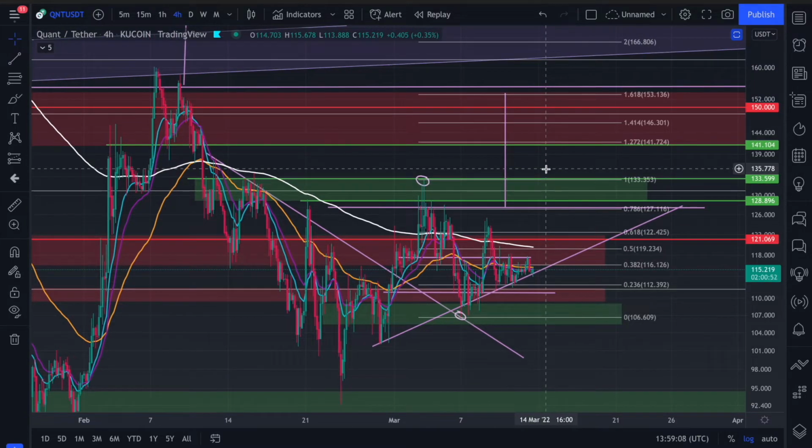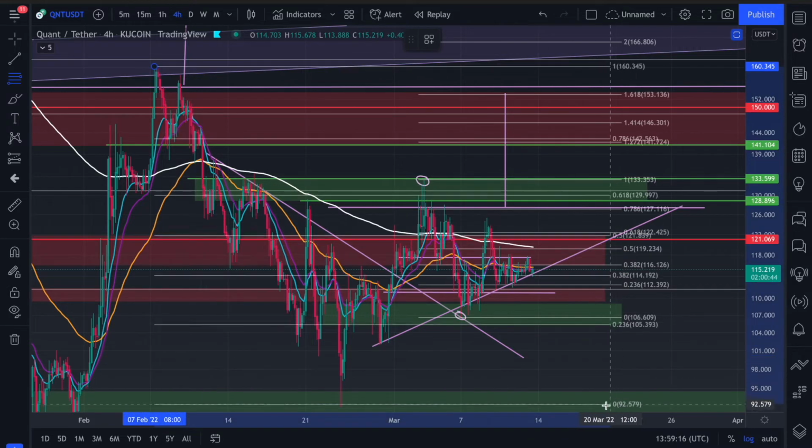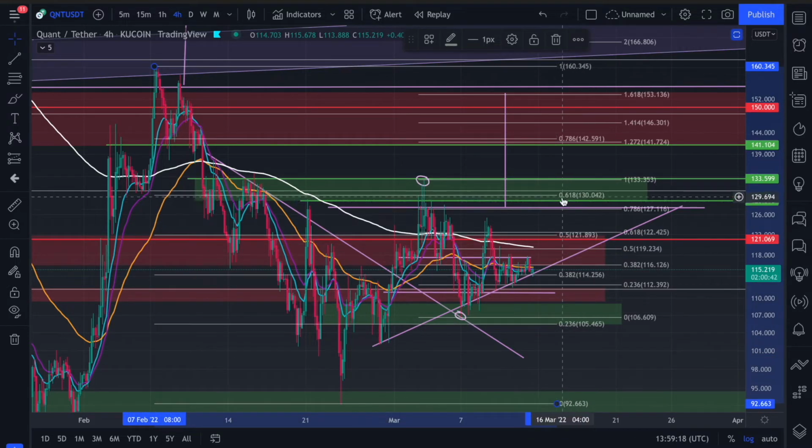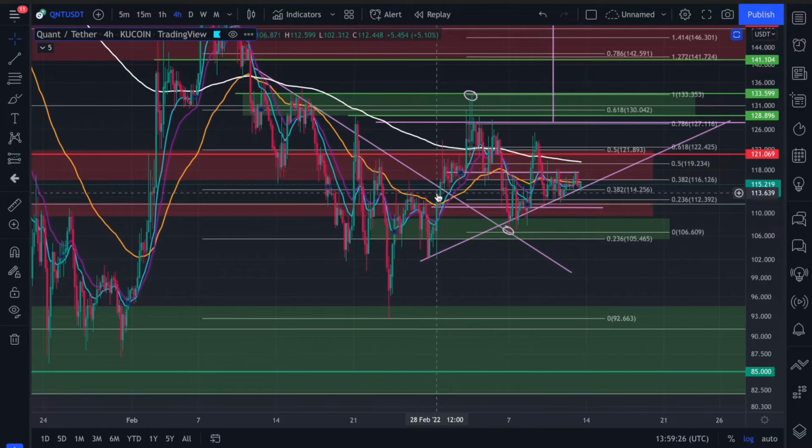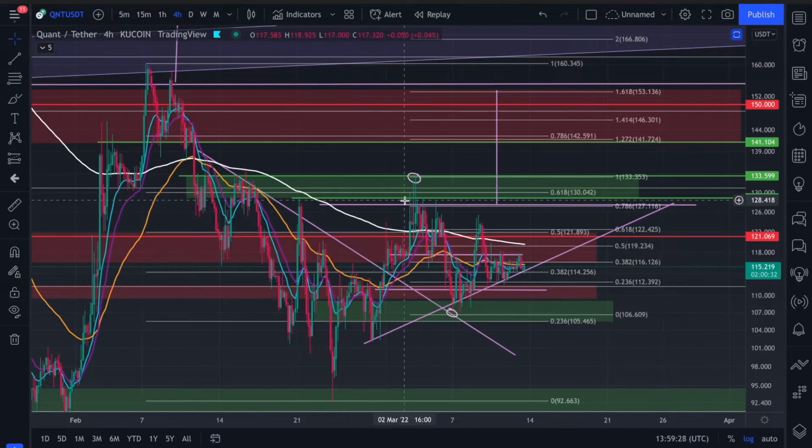Actually three. First of all, if we're breaking this green box, this is actually the 618. From here to there, you can see the green box right there is the 0.618. So that's why we struggled. And with this retracement, with this push phase and this exhaustion phase, this retracement phase, once you top out here, you should actually come lower than this low, and you've actually put that higher low and then another higher low.